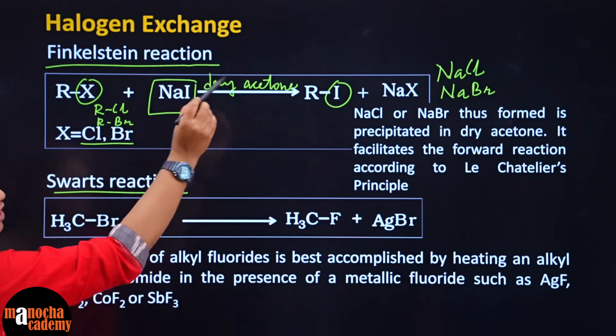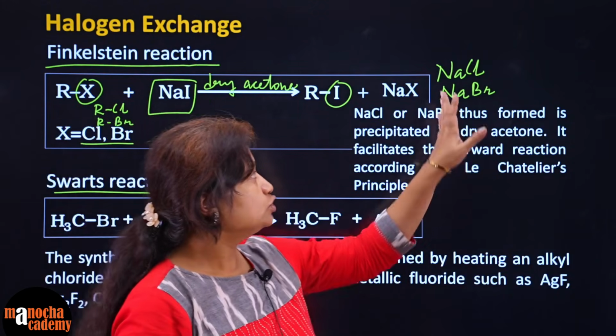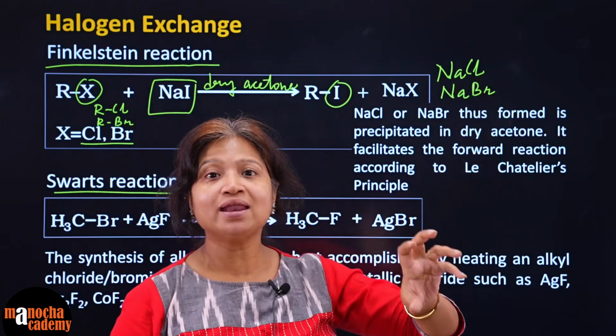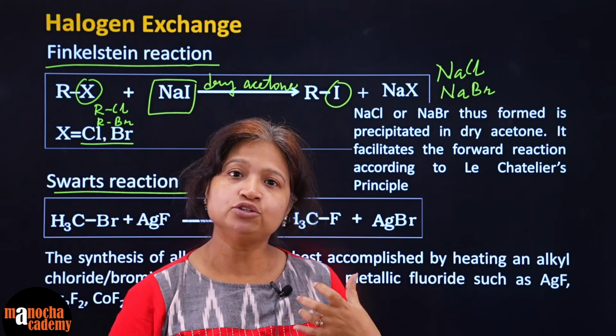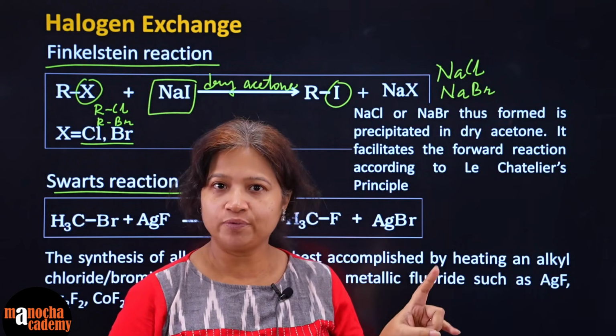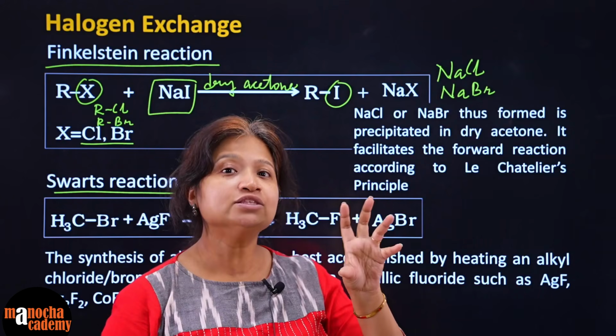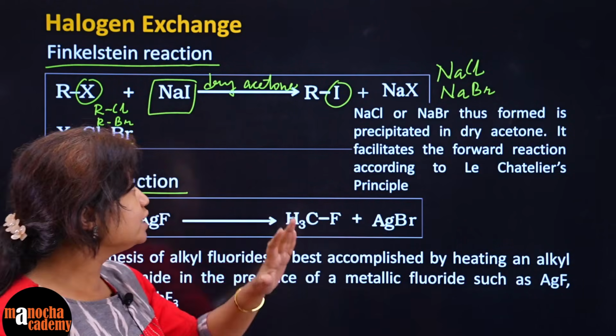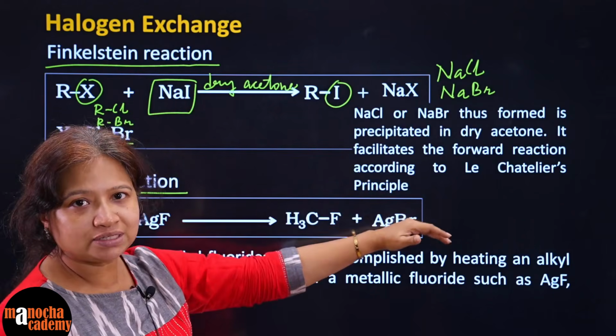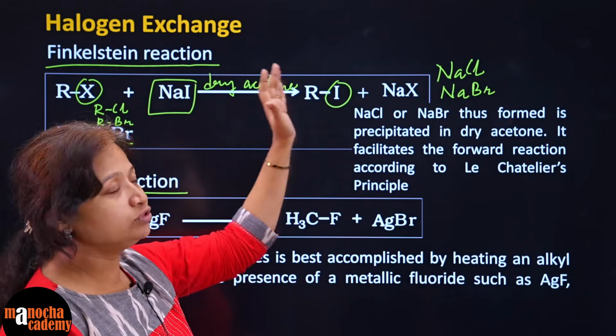Now, acetone is a relatively non-polar solvent. Sodium chloride and sodium bromide are ionic compounds. They are soluble in water but insoluble in acetone. Why dry? So that no moisture is present. Since it's insoluble, it comes down as a precipitate. Naturally, since it's coming down as a precipitate, the equilibrium shifts to the right.